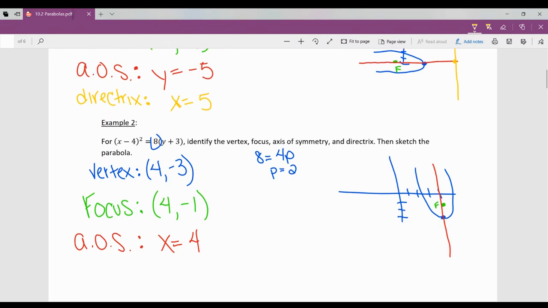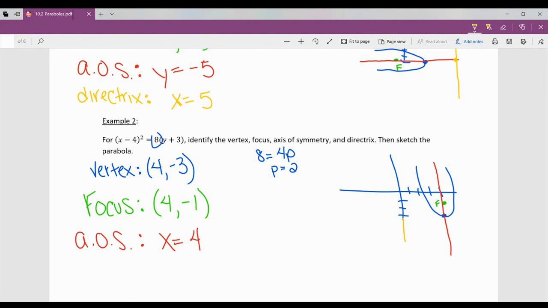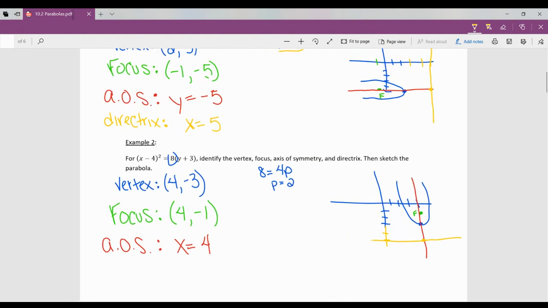So we count 2 units down from -3, and it's going to create a perpendicular line to the axis of symmetry. So my directrix is going to be y equals -5, because it's 2 units down from the vertex.